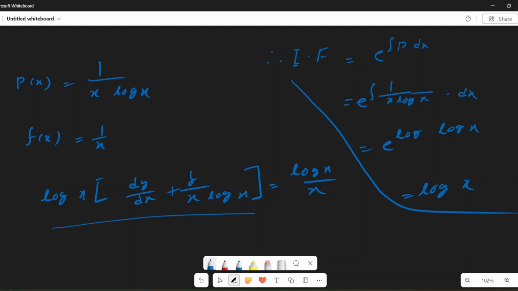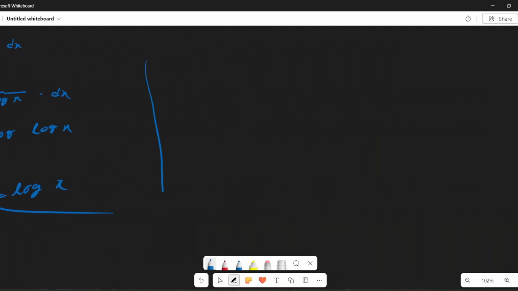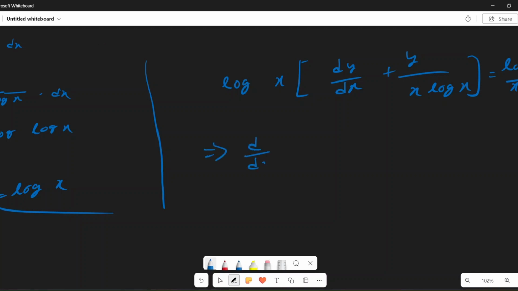So solving this, we can write log x dy/dx plus y by x log x is equal to log x by x. These terms can be written as d/dx of y log x is equal to log x by x.